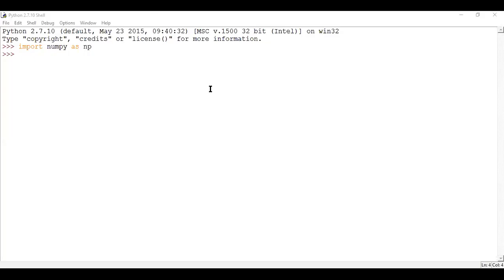So the next thing is that we will do arrays as vectors. First, we will learn how to find the inner product or the dot product of vectors.